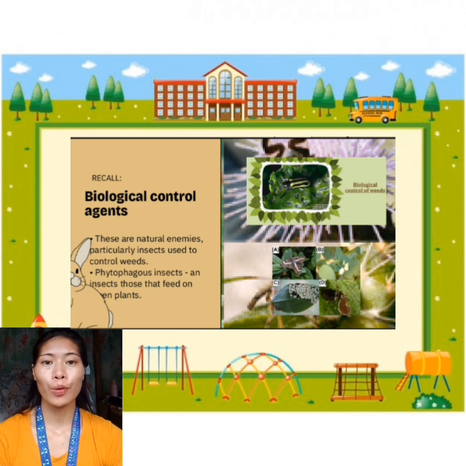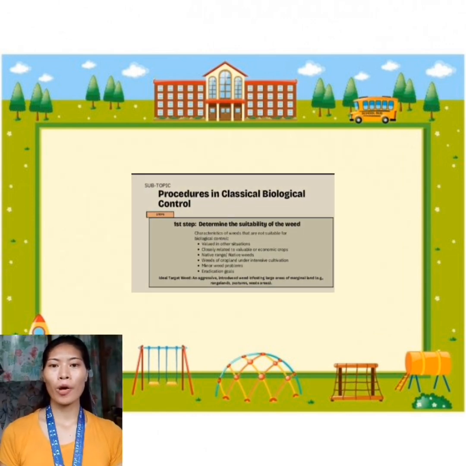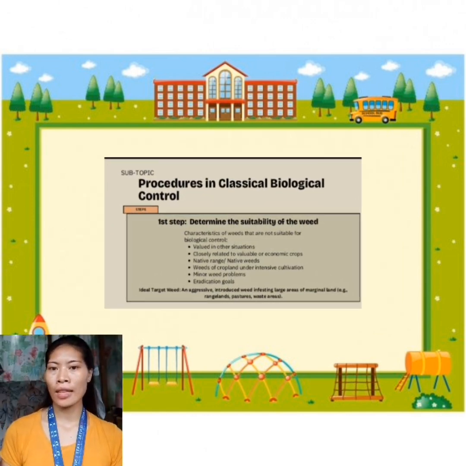Researchers continue to explore and discover other unique characteristics of biological control agents like pathogens, parasites, and so on. Next topic is all about the procedures on classical biological control.